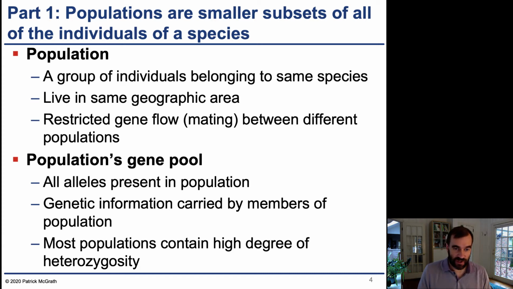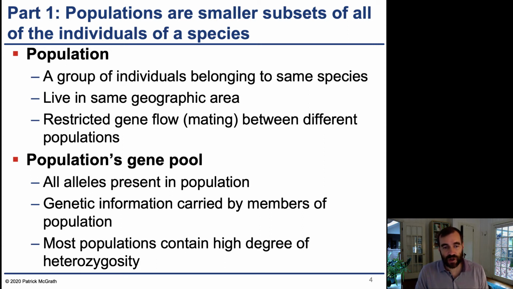Nowadays, of course, there's much more freedom of movement. We can fly across the world in less than 24 hours, and people move on a very regular basis. So this definition is being lifted a little bit for human populations. But the idea is that for the population that you want to analyze, there's some sort of restriction in the gene flow between that population and other populations.